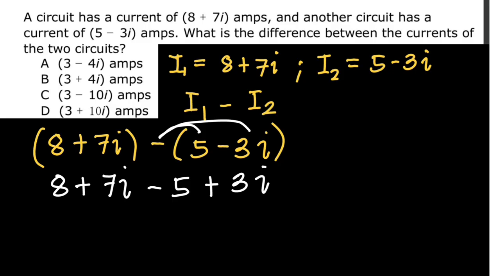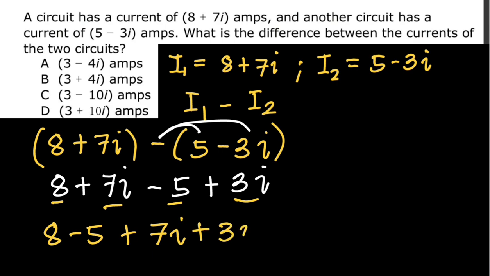And now we combine like terms. We can add up the real parts of these complex numbers, and then we combine the imaginary parts. So the real parts are 8 and negative 5, so this is 8 minus 5, then plus the imaginary part, 7i plus 3i.